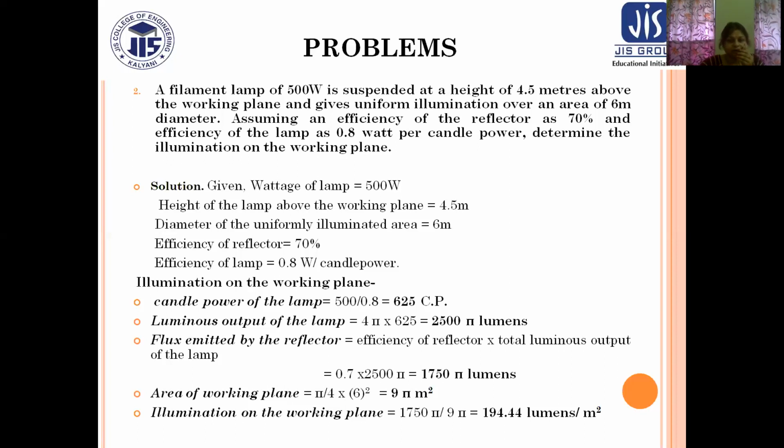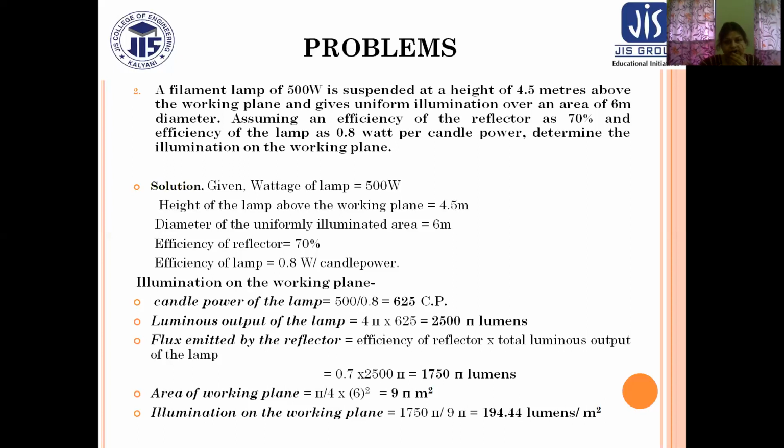So we put the value here, and we get flux emitted by the reflector equal to 1750 pi lumens. Clear? Now area of the working plane is equal to pi by 4 into 6 square, because the diameter of the uniformly illuminated area is already given as 6 meter. So we get 9 pi meter square, that is the area of the working plane.